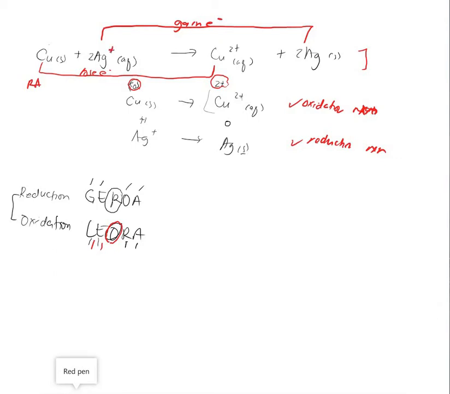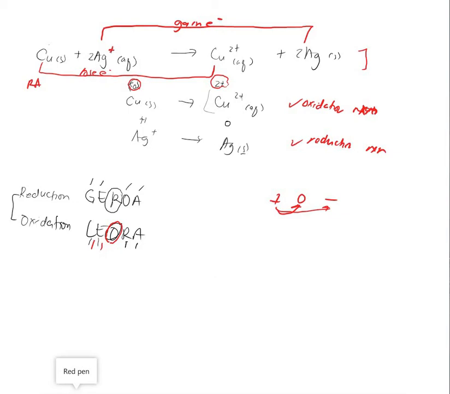From positive it became 0, so it was relieved of its positive charge. To balance that positive charge, the only negative that could balance it is the gaining of electrons.